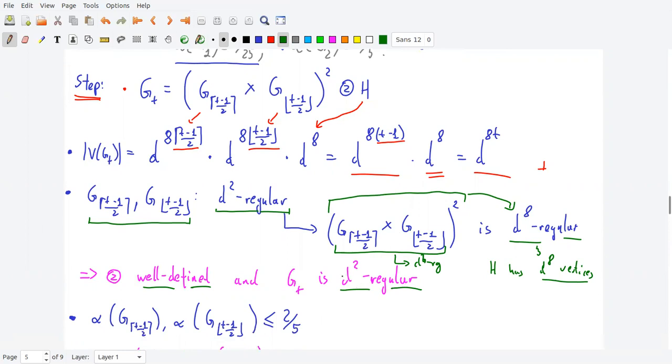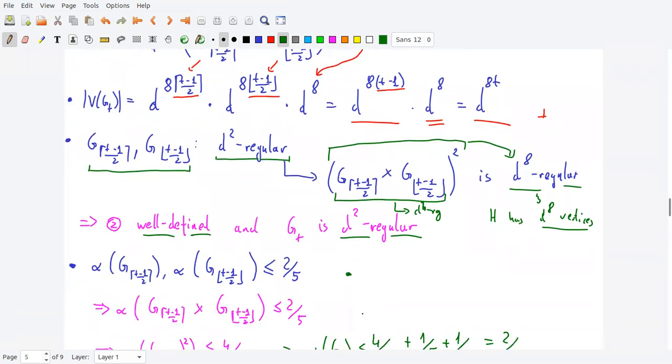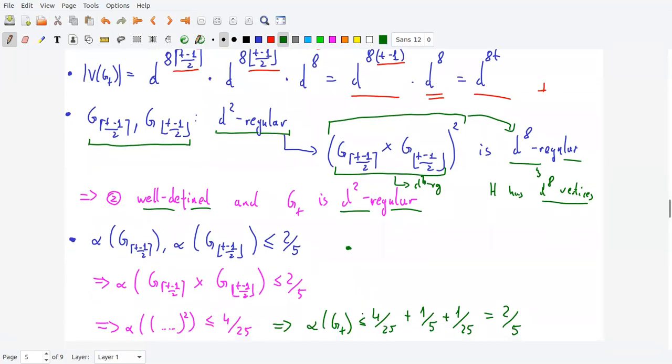And finally, and most importantly, we need to check the spectral property and the spectral parameter alpha of this graph in question, GT.